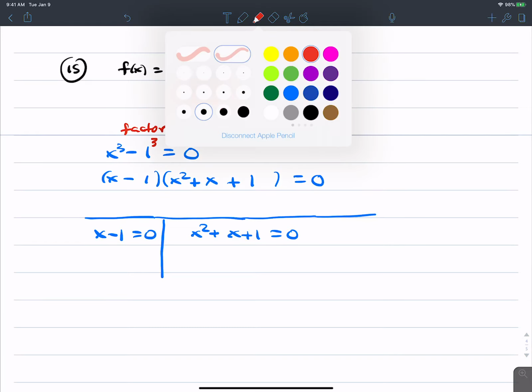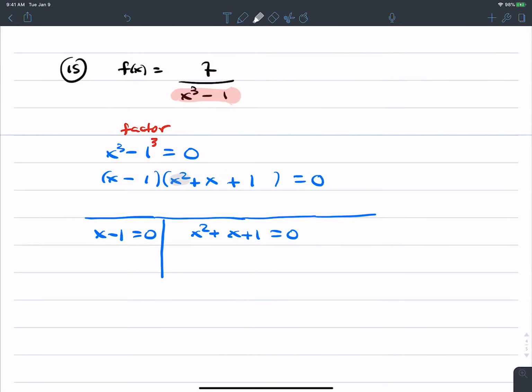And I want to remind people that this second term here is not always factorable. So this portion, again, is not factorable. It'll give you complex solutions here.